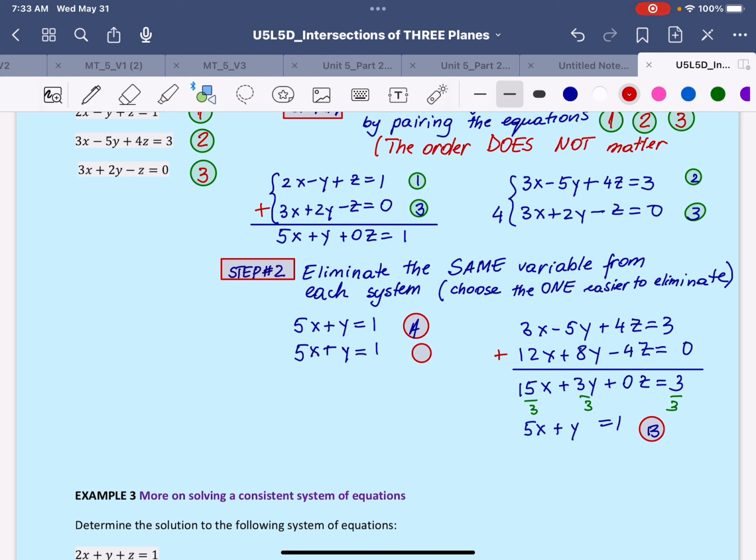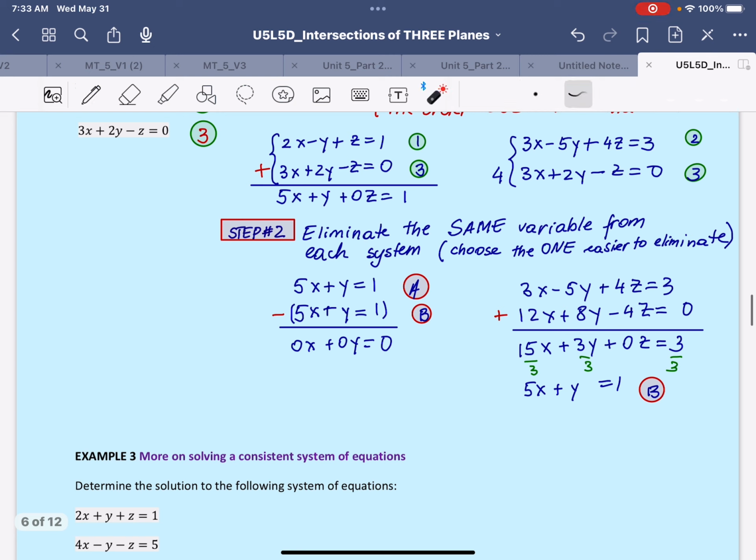Then if you try to solve this system of equations, which would be the natural way to think of in this process, because we are trying to discover what the values of the variables x, y, and z are, if we were to eliminate any of the variables, we will end up with 0x plus 0y equals 0. So what that means is that any x or y value can satisfy this equation.